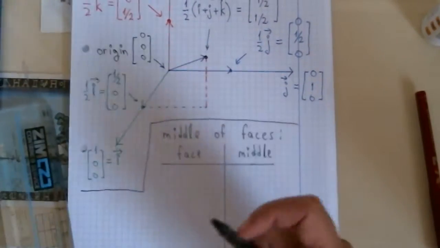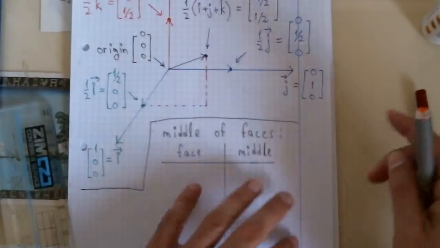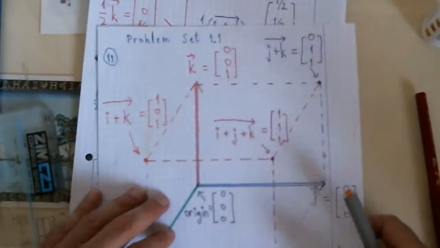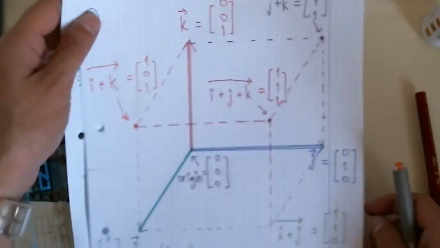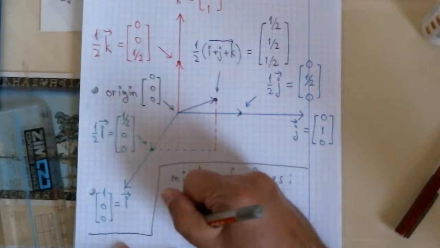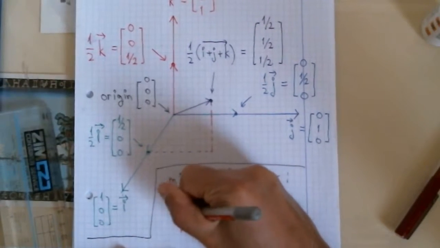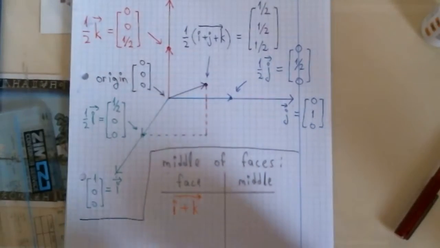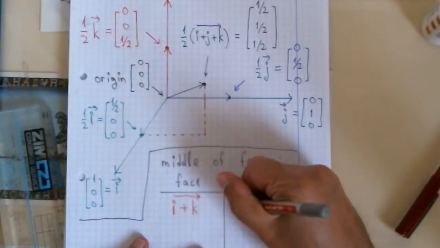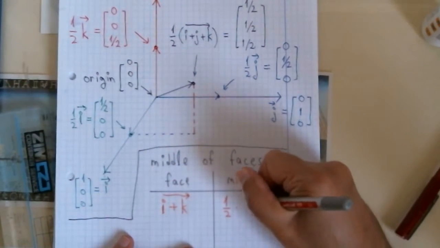So if we have the orange face, which was i plus k, then the middle point would be half times i plus k.